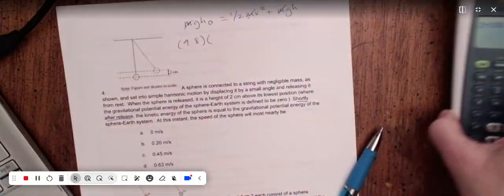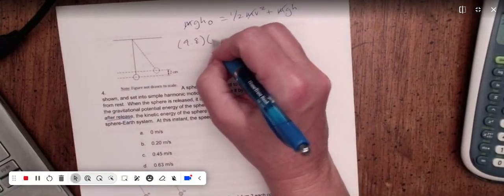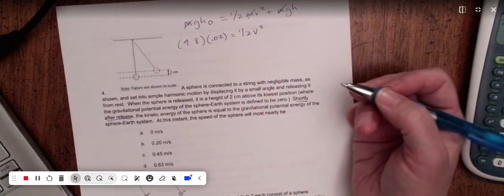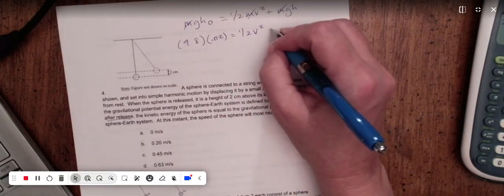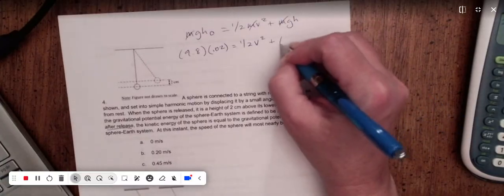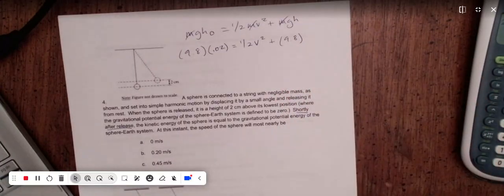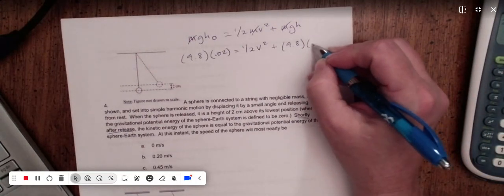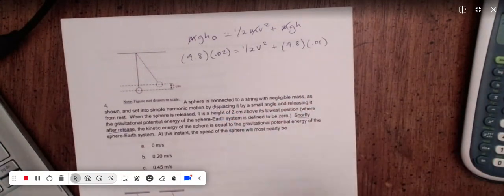I get 0.02, and that equals 1/2 times v squared, which I'm solving for. Plus 9.8, and if I'm assuming this is the halfway point, then this would be 0.01, because I would have moved halfway down from that peak height.